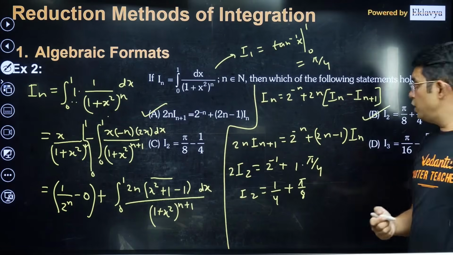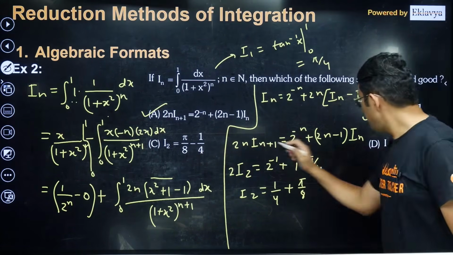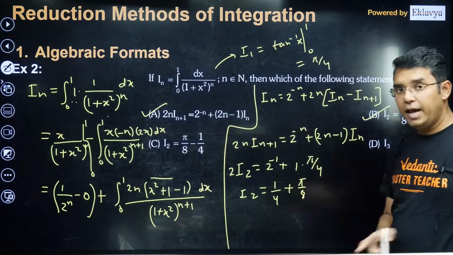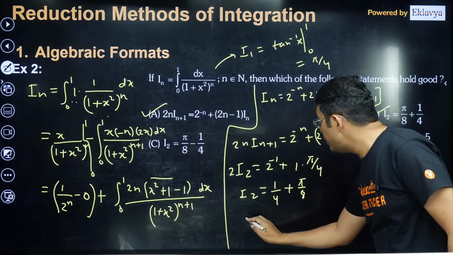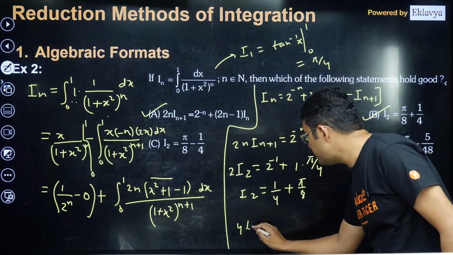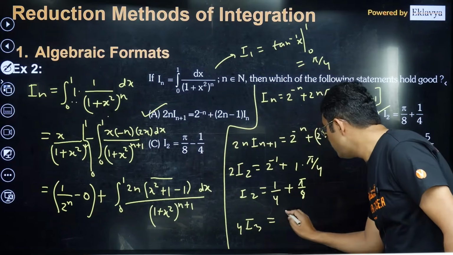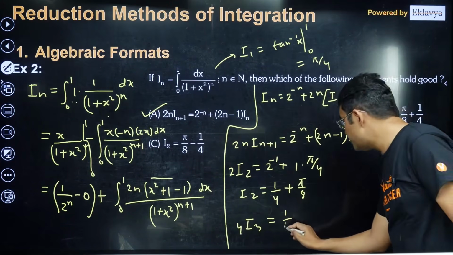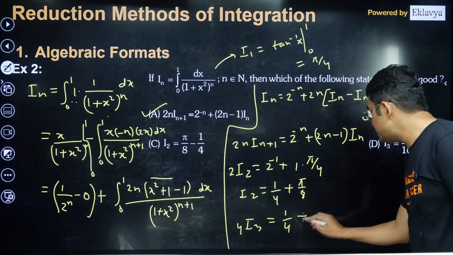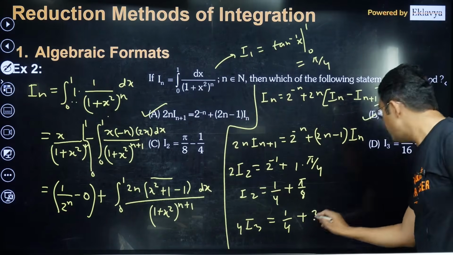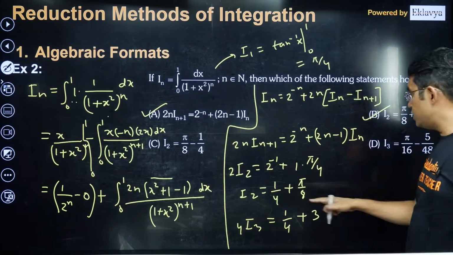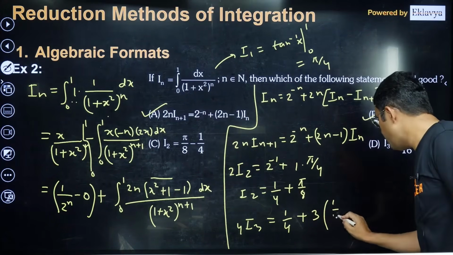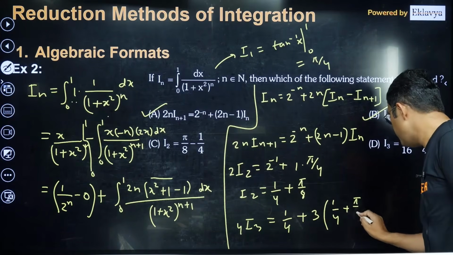So B is also correct. Now if we have to find I3, we will put n is equal to 2, which will give you 2 into 2, 4. I3 is equal to 1 upon 4, and this will be 3 here, and this will be 1 upon 4 plus pi by 8.